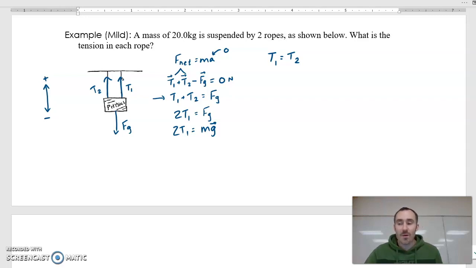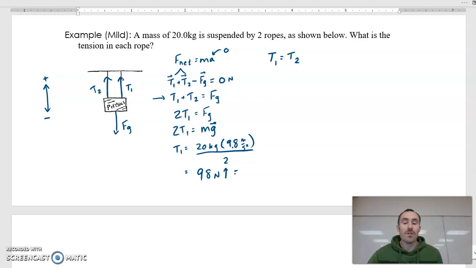And so we end up with T1 equal to 20 kilograms times 9.8 meters per second squared divided by 2. And that gives me 98 newtons upward. And that is equal to T1, and it's also equal to T2.